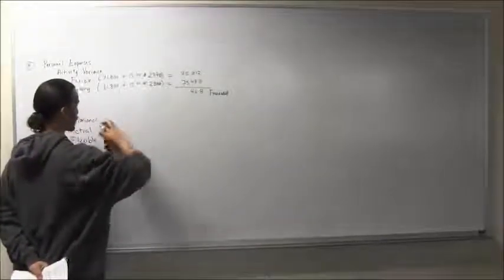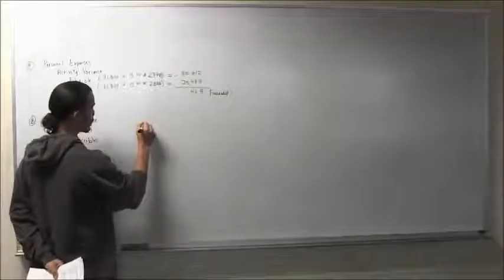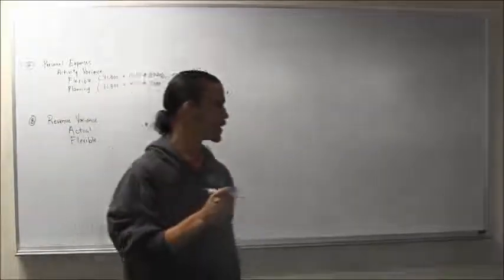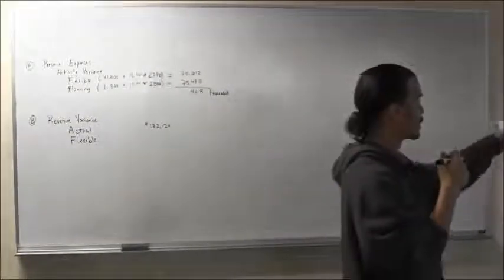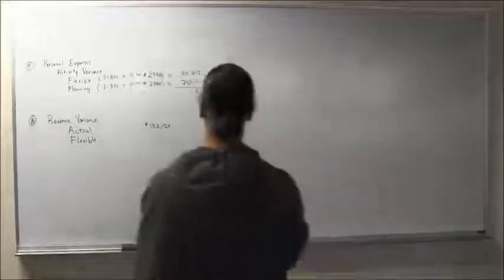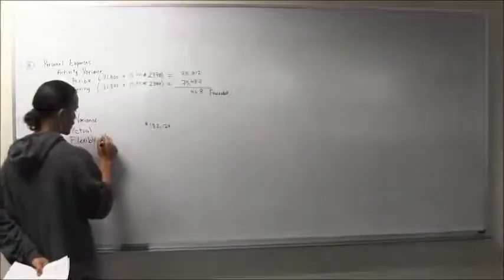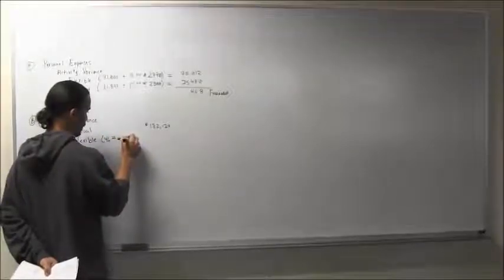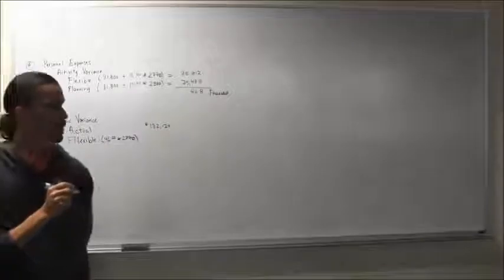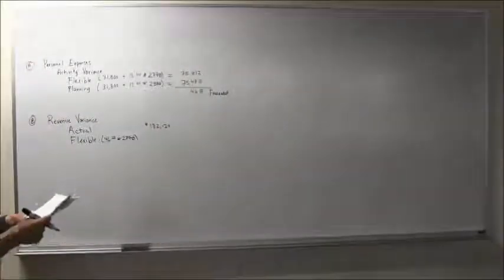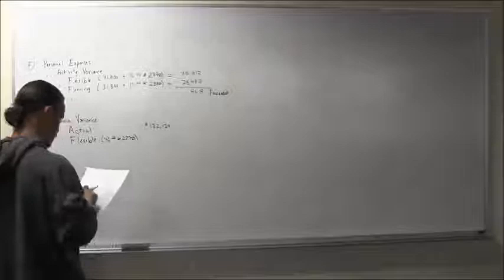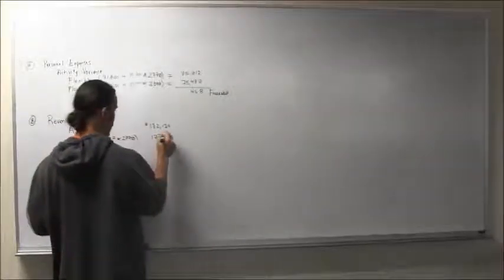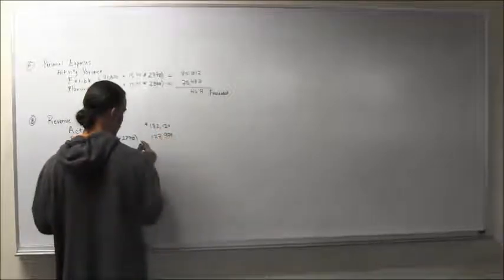Okay? And then to calculate your flexible, you get your revenue per client, $46.20 times 2,770, the number of actual client visits. And 46.20 times 2,770 is 127,974.